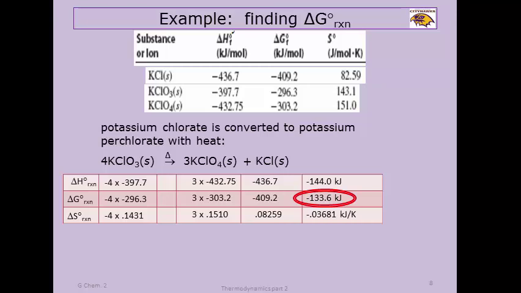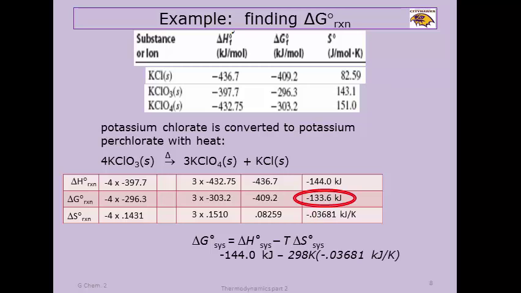So just by looking at the free energy, because of the fact that it's negative, we know that it's a spontaneous reaction. You don't have to look at anything else when you have that. But for comparison's sake, if you want to do it the other way, you can take the enthalpy of reaction here, which is minus 144. You minus the temperature. Now these standard tables are all set up at 298 Kelvin.